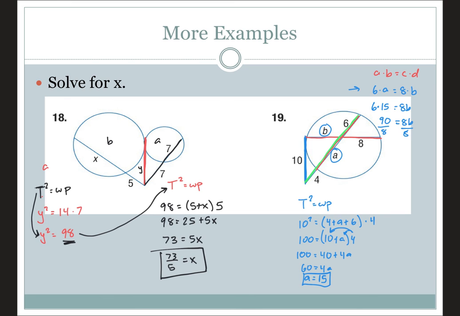Again, don't be afraid of fractions. They are not your enemy. All right, if I divide both of these by 2, I get 45 over 4 is equal to b. And that is as far as you can take it. This is your final answer for b. All right, well, that is it for this PowerPoint. If you have any questions, please make sure you write them down, and I will see you next time.